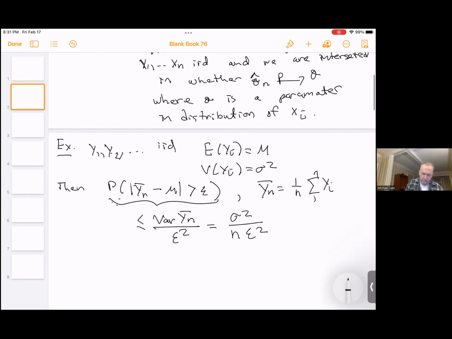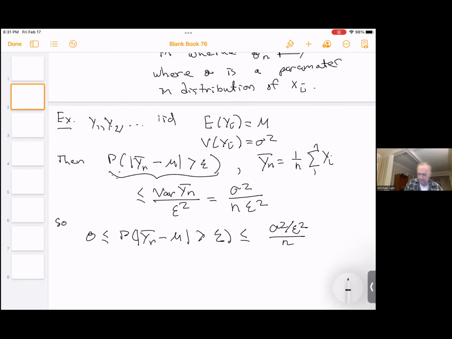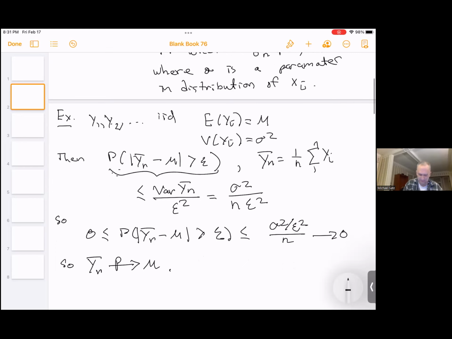And so we have 0, which is less than or equal to sigma squared over epsilon squared over n, which goes to 0. So Y bar n converges in probability to mu, the thing it's trying to estimate.